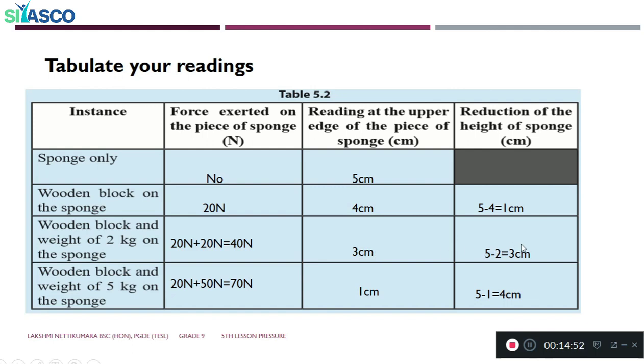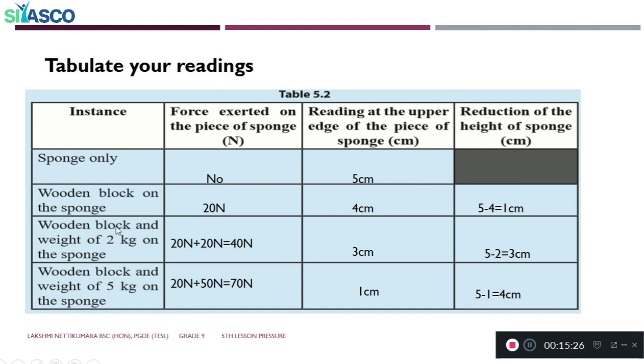So here I made a small mistake. 5 minus 3 gives 2 centimeters. Then the last situation: the wooden block and the weight of 5 kg on the sponge together give 70 Newton force or weight, and the reading is 1 centimeter, and the reduction of the height of the sponge is 4 centimeters. When you look at these readings, what can you say?